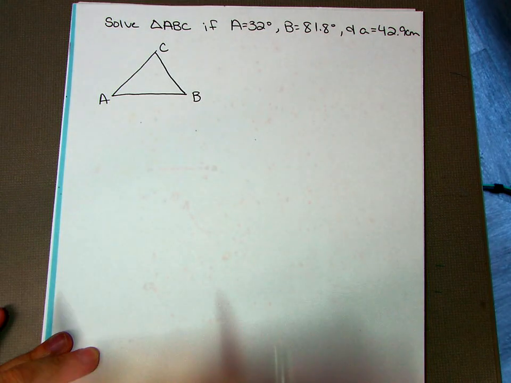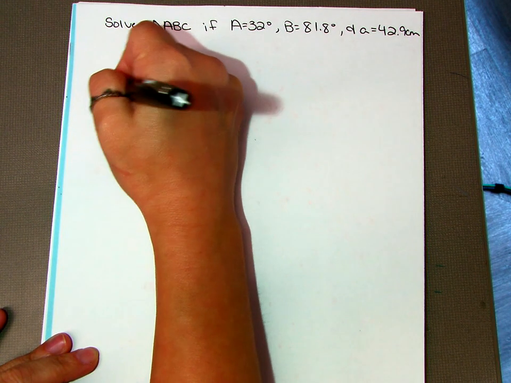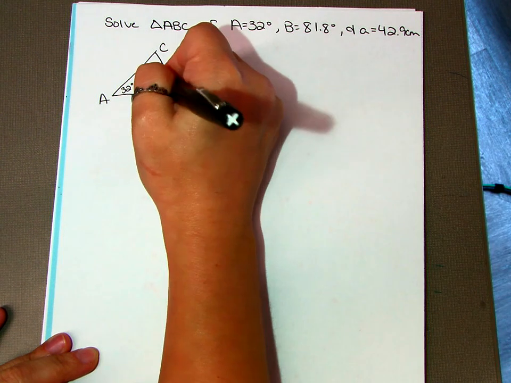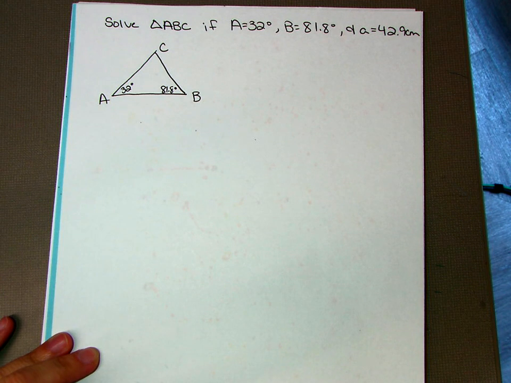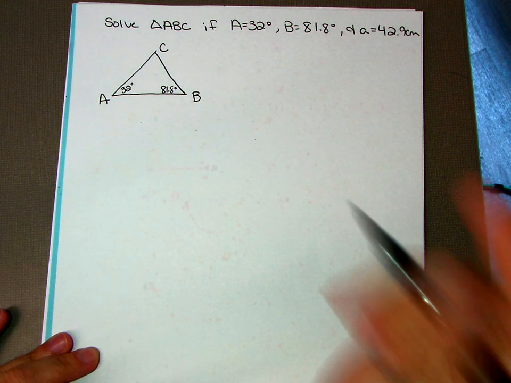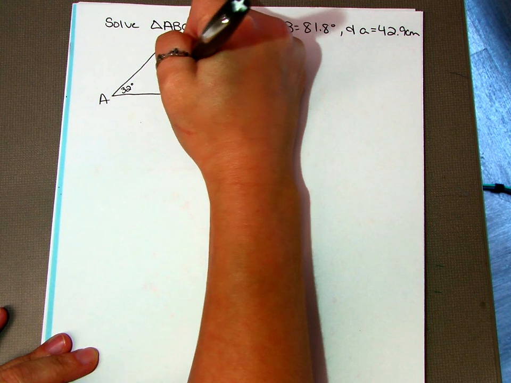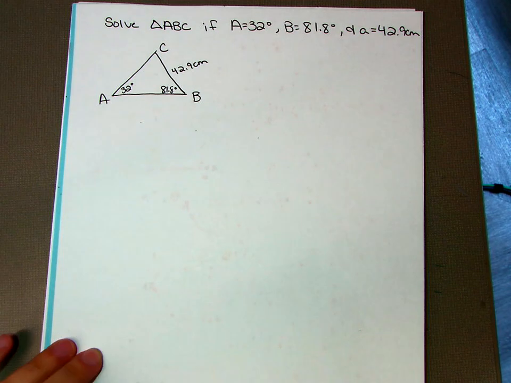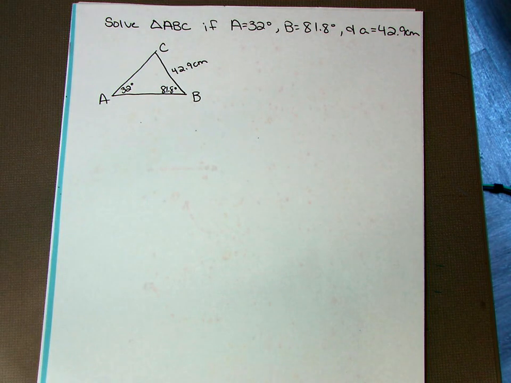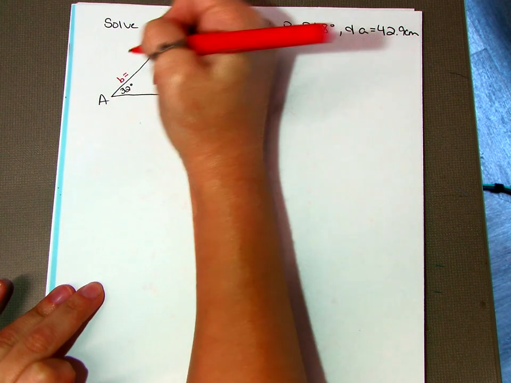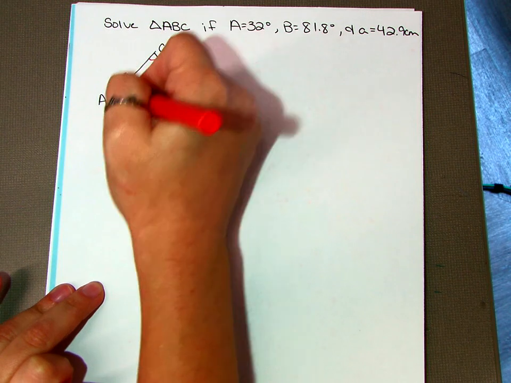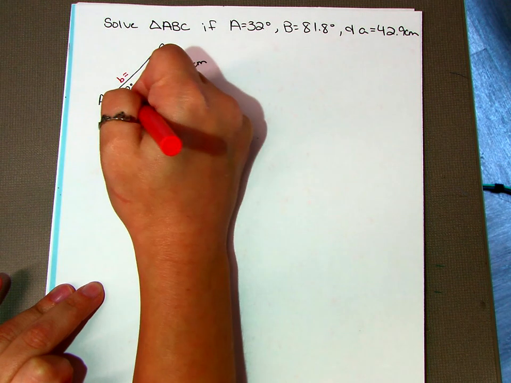Angle A is 32 degrees, it tells us. Angle B is 81.8 degrees. Side a falls opposite of angle A. It's 42.9 centimeters. And so what we don't know is side b, angle C, and side c.